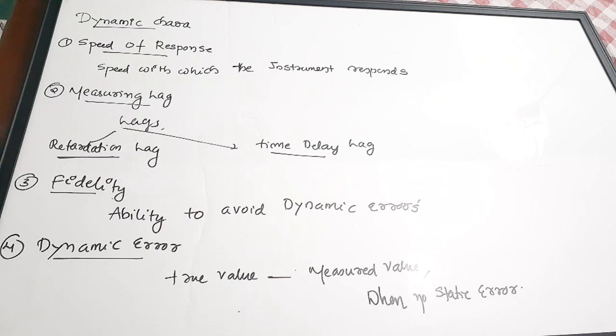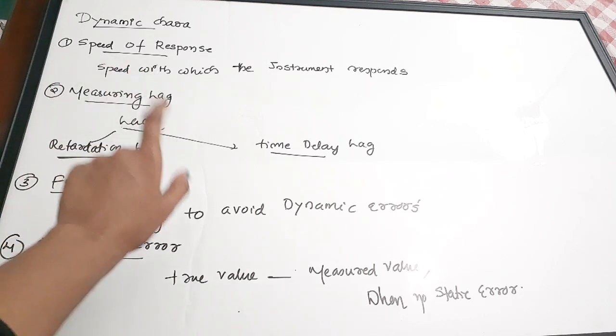So what does retardation lag mean? Here the response of the instrument or the measurement system begins immediately after the quantity which it is measuring has changed. So it will respond, but only after the quantity has changed its value. That is the retardation lag.